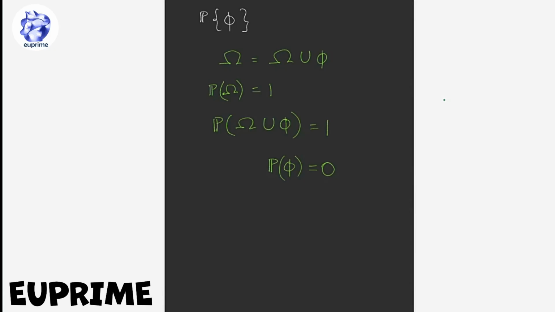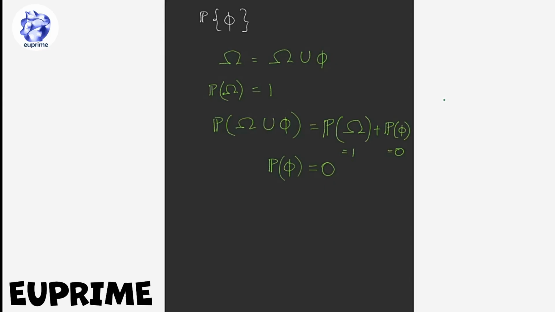I think we skipped one step here. Before writing this directly as 1, we can write this as a sum of probabilities. And since we know this is equal to 1, this is equal to 0. And how do we do that?